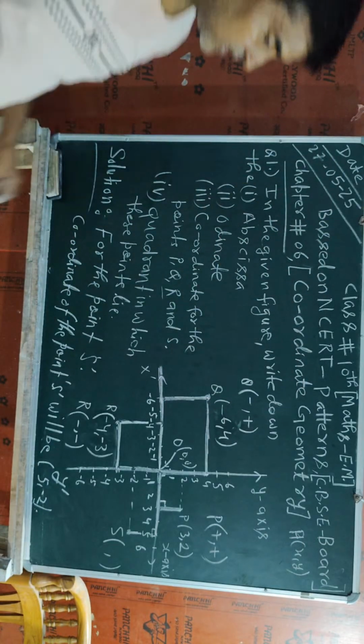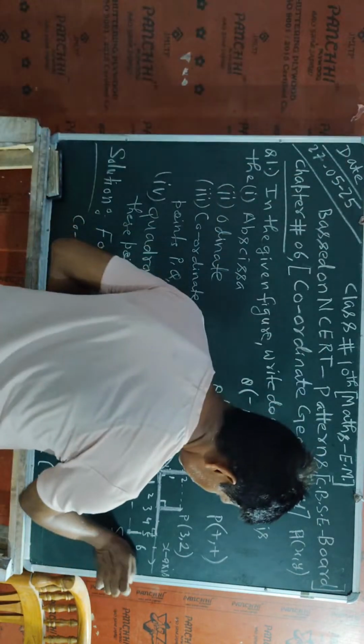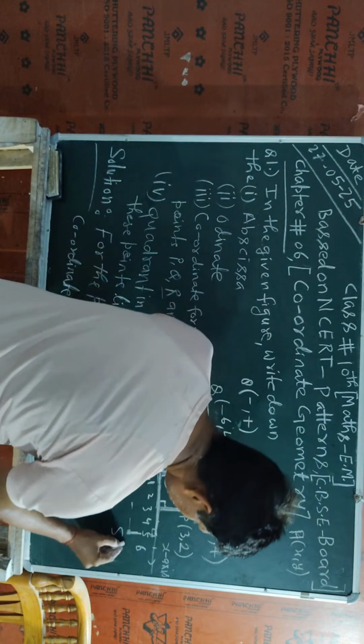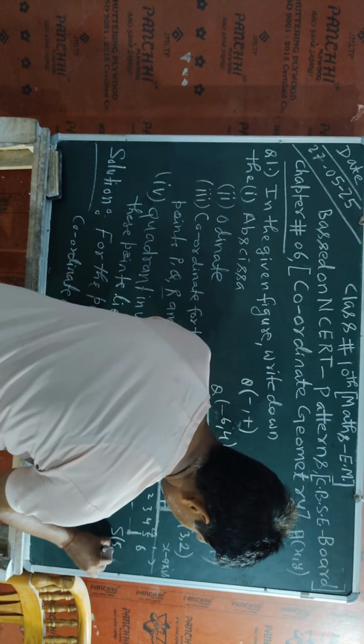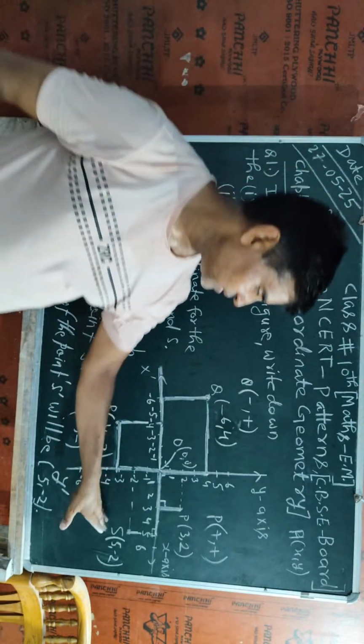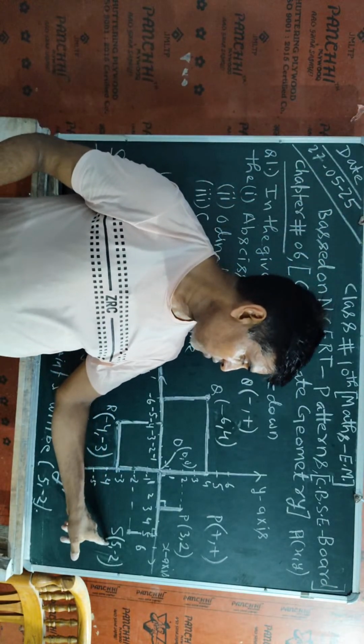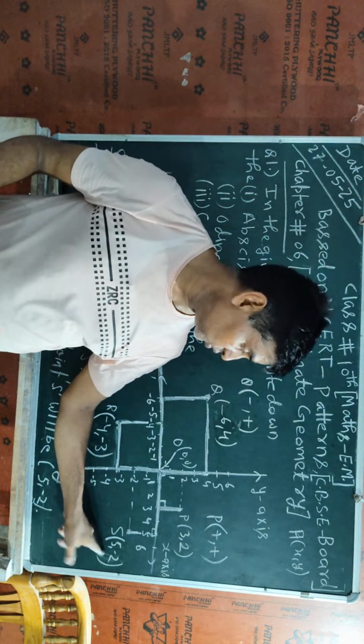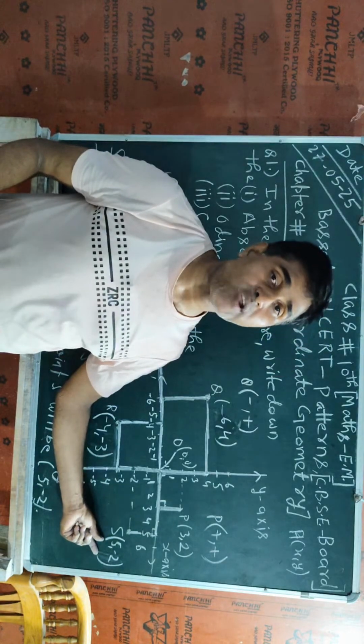This is the answer for the point Y. This coordinate I will write here, 5, minus 2. Okay, student. The coordinate of the point Y I have written here, Y of (5, minus 2). This is the coordinate point of Y.